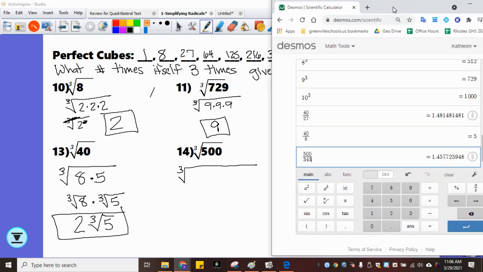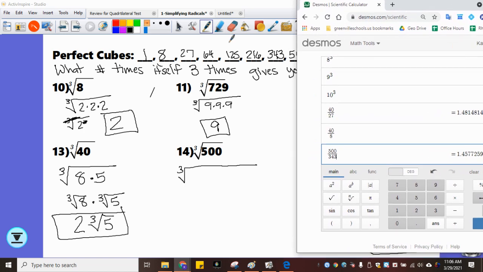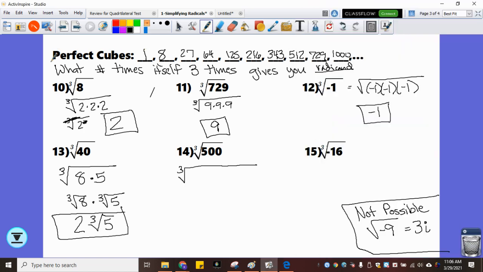So it's not 343. 50 goes into it, but you want to try these perfect cube numbers. That's why we have that list right now.